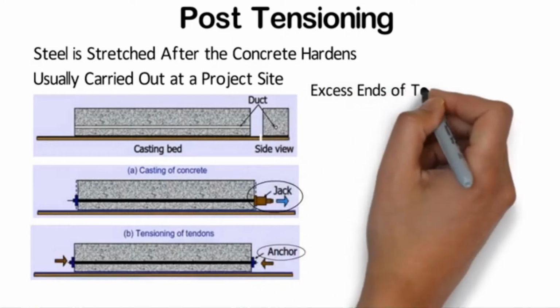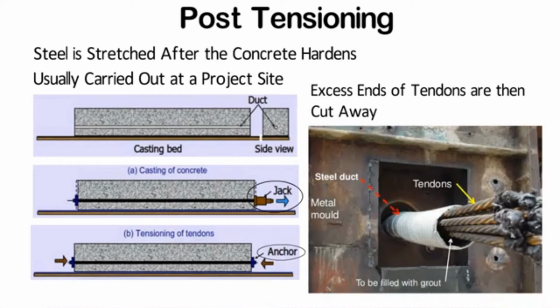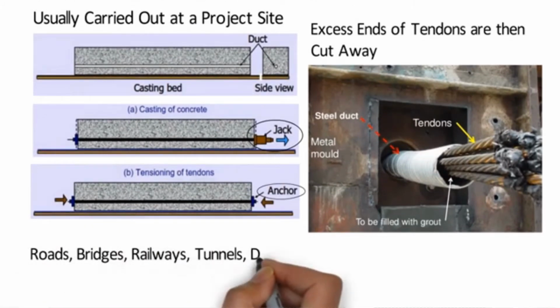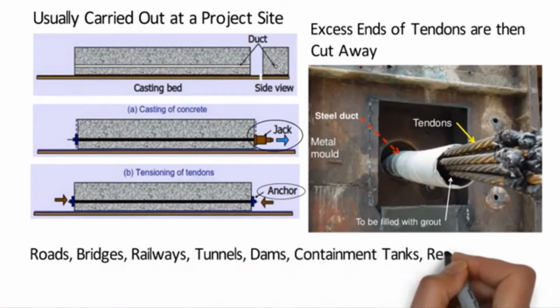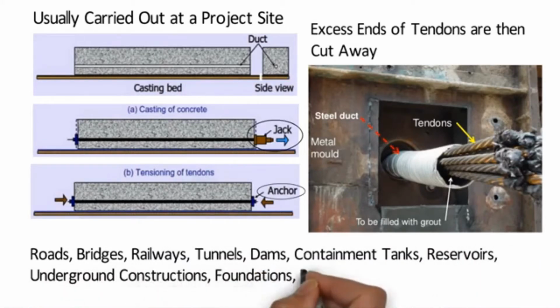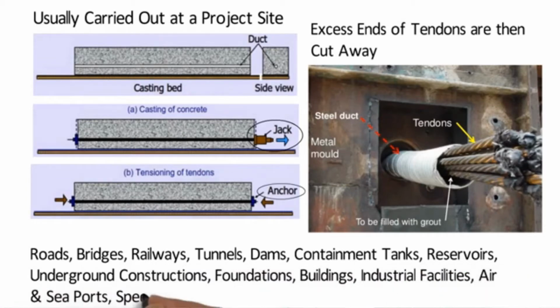The excess ends of tendons are then cut away and the duct will be grouted and covered with concrete for rust prevention. Examples of post-tensioning are roads, bridges, railways, tunnels, dams, containment tanks, reservoirs, underground constructions, foundations, buildings, industrial facilities, air and sea ports, special structures or any form of pre-stressed concrete structures, etc.